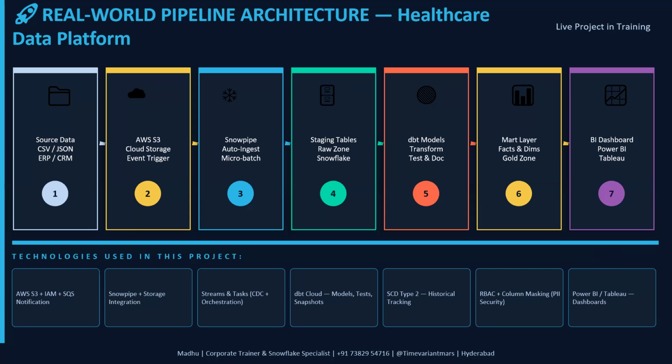Okay, so now let me address the elephant in the room. You might be thinking, I already know Informatica, I already know SSIS, why do I need DBT? So look at this comparison. Traditional ETL tools, the ones you already know, cost 50 lakhs per year in licensing fees, but DBT Core, the open source version, is completely free.